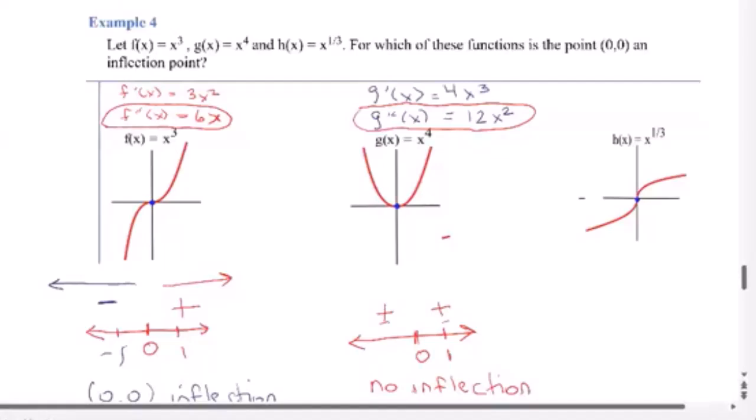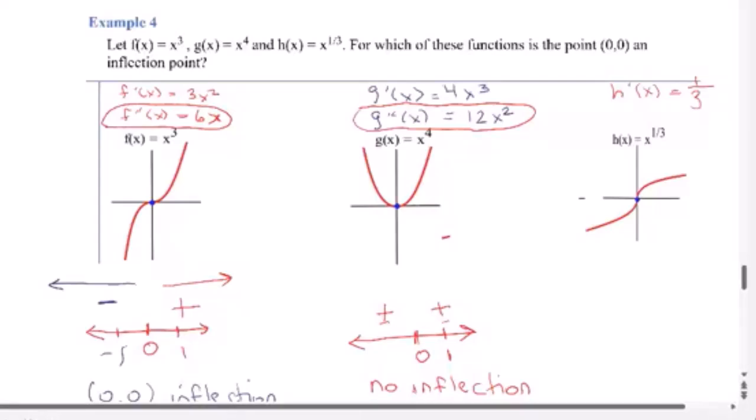Okay, and last we have h prime of x, which is equal to 1/3, and then the exponent is 1/3 minus 1, which is -2/3.